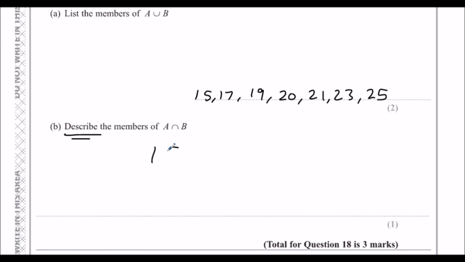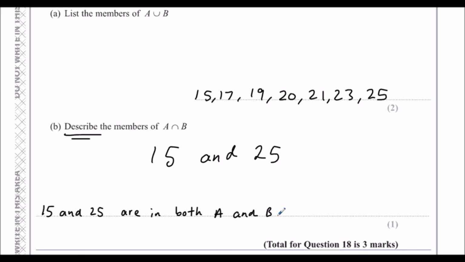I'll write 15 and 25. But it says describe, so it must want some words. So they are 15 and 25, are in both A and B.